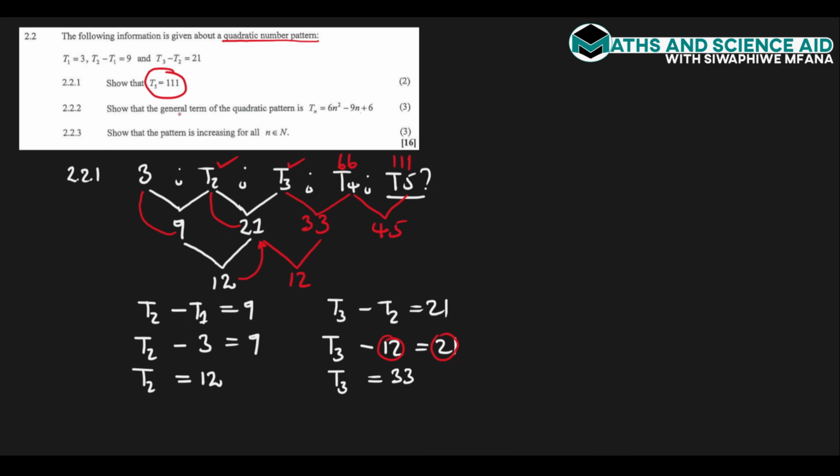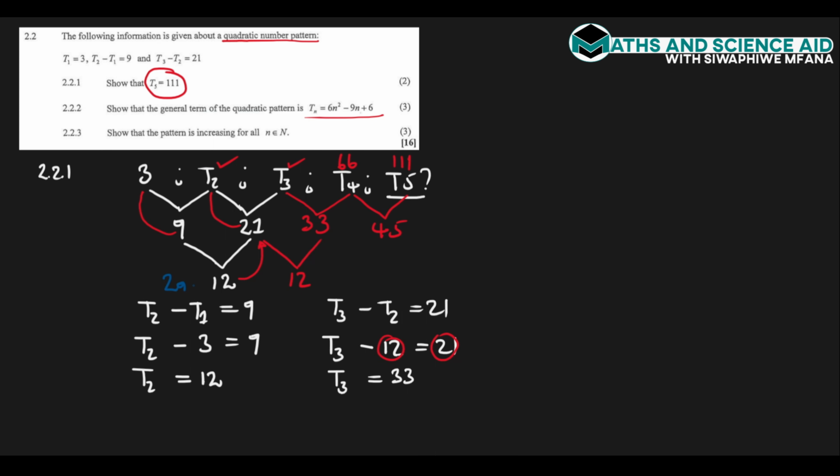We need to show that the general term of the quadratic pattern is given by this equation. Okay, so that is going to be straightforward for us because we can simply use what we have worked out in the previous question. So this is what I mean.